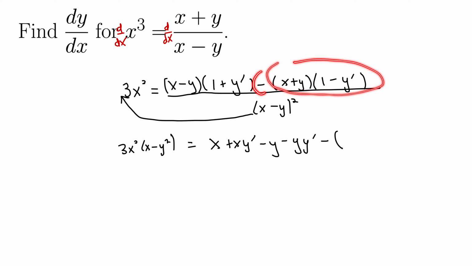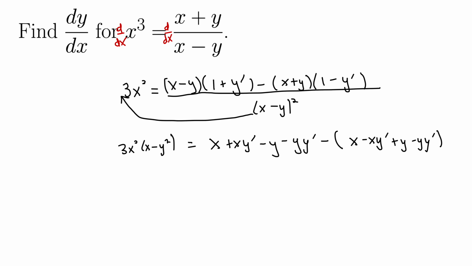I'm keeping this minus out in front of it to remind us that this negative applies to the whole thing. So I just added it in right there, and I added the parentheses. Okay, so now we FOIL this bit. First, x, outside, minus xy prime, inside, plus y, last, minus y prime.